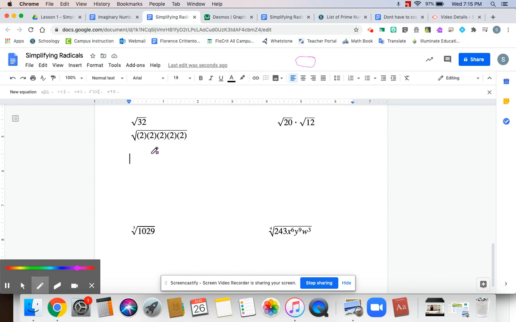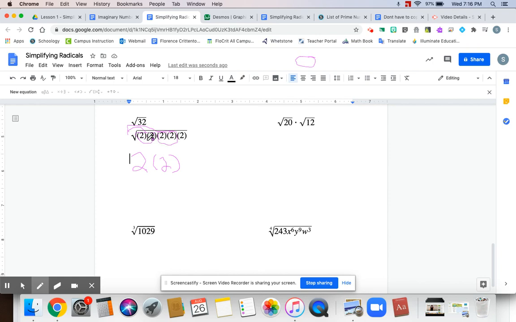And remember, for each group of 2, because it's a square root, it'll come out in front of the square root as 1 2. Only one of them, though. So this group right here brings out one of the 2's. But then this group out here also brings out front one of the 2's. So I'm going to write parentheses 2, because they're getting multiplied.